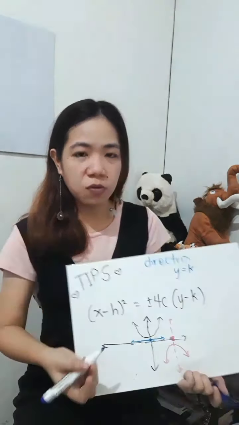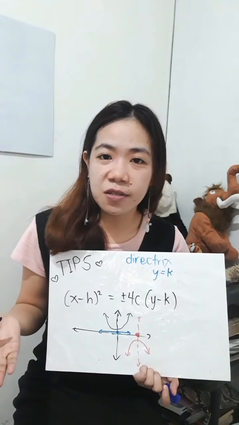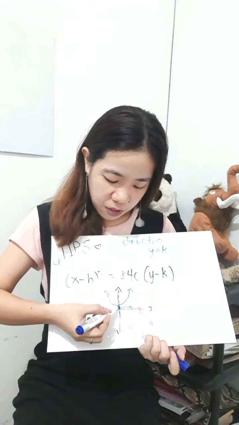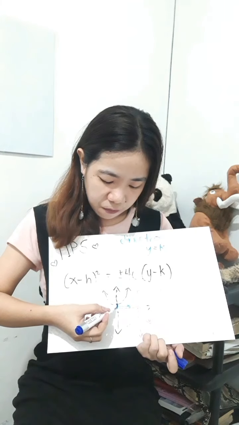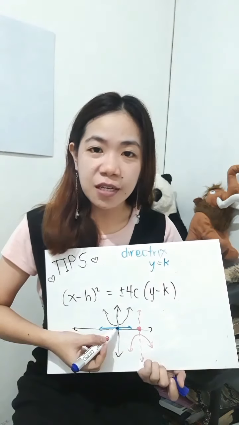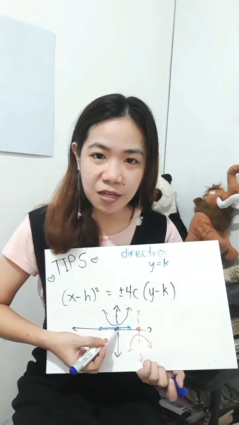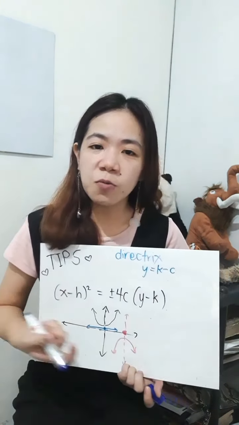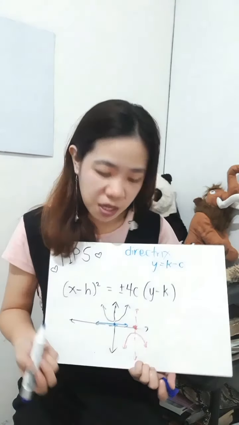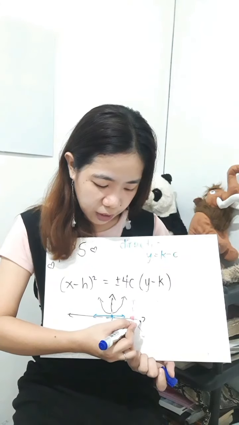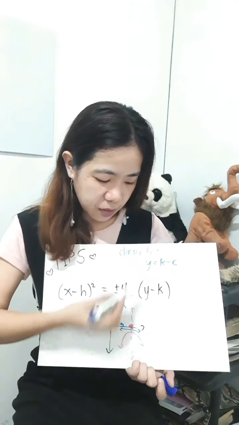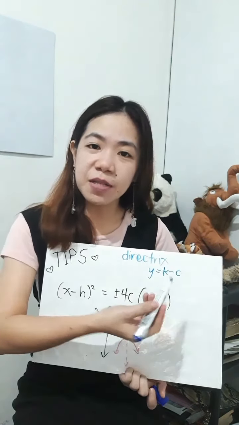We have to add or subtract c. Okay, that's the distance from the vertex going to the intersection of the directrix line here. So we have k minus c. For a graph that opens upward, we'll use y equals k minus c. And for a graph that opens downward, still it's y equals k, but this time we'll have plus c.